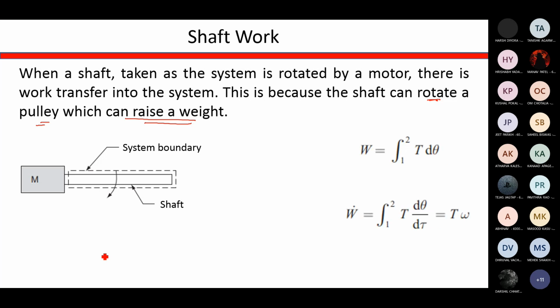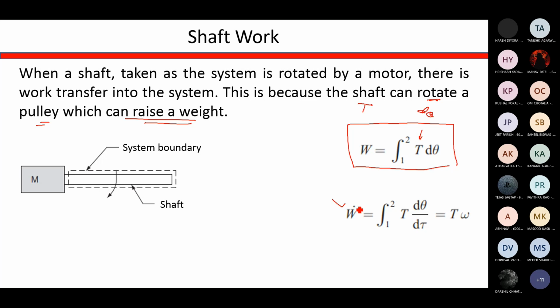So this is definitely the work. Now how to find out the work in this case? So you will write directly the expression for the total work W, which is integral of 1 to 2 of capital T into d theta. Now what is capital T? Capital T is nothing but the torque, and d theta is the angular displacement, right? So the rate of doing this shaft work will be per unit time.